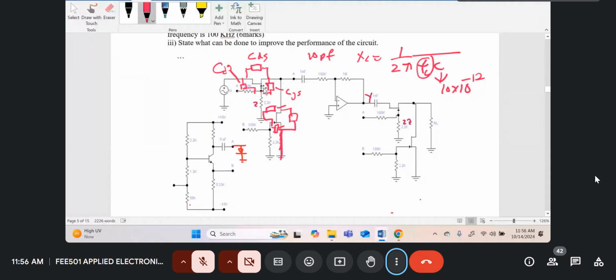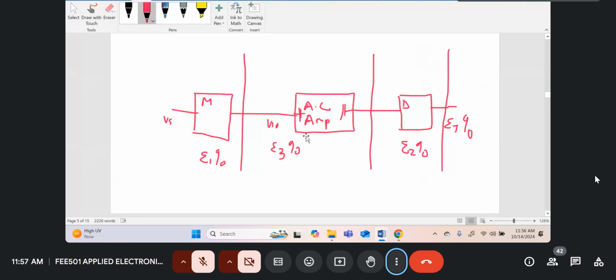So if you're given a circuit like this with the 3 stages, then for the error, I've just drawn here a block diagram. This is your generator signal VG that you want to amplify, your slow varying VG. You got your modulator, your AC amplifier with capacitors, your demodulator here.